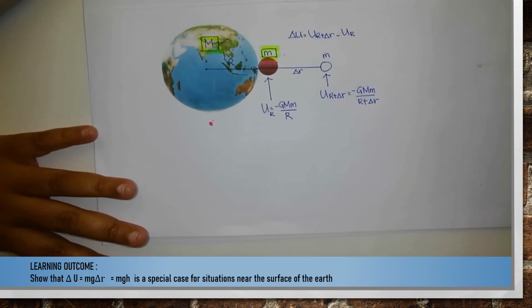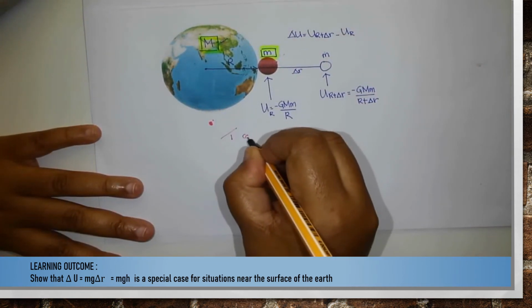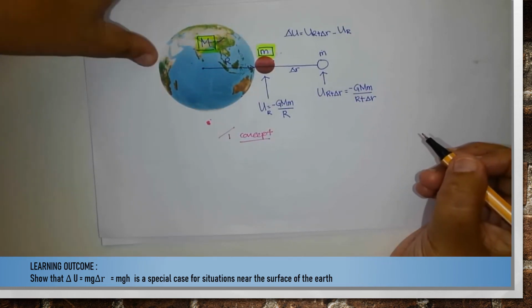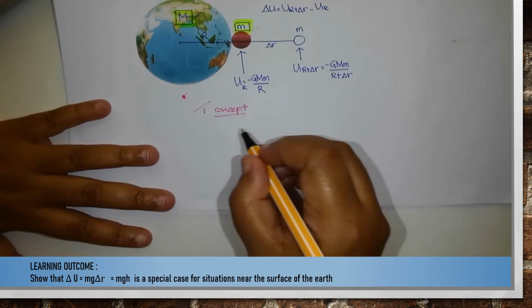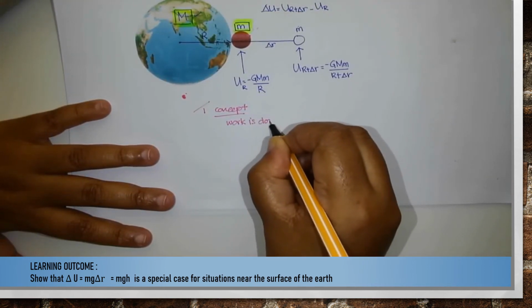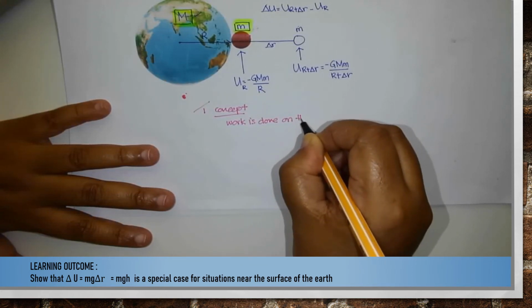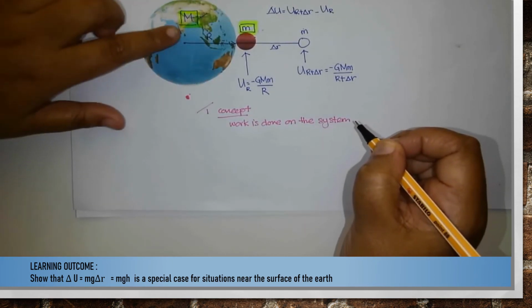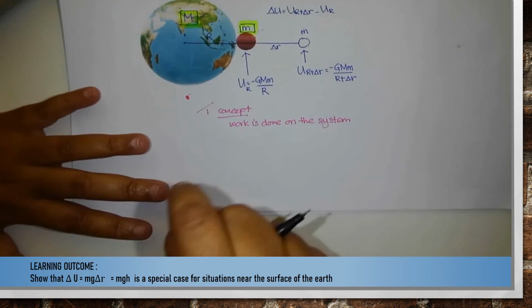The concept says, number one, work is done on the system. The system is the earth, so you have to do work on the system.